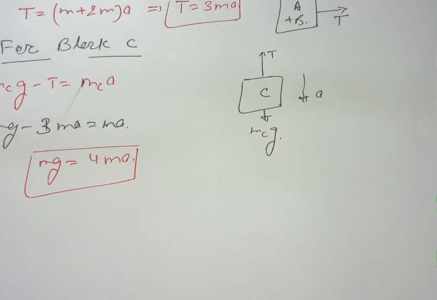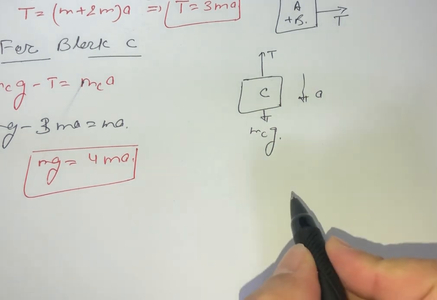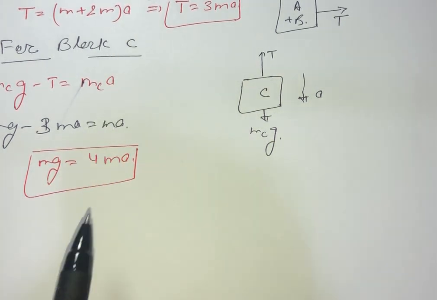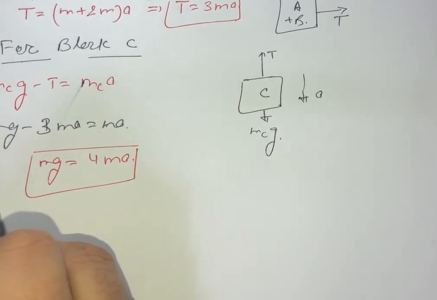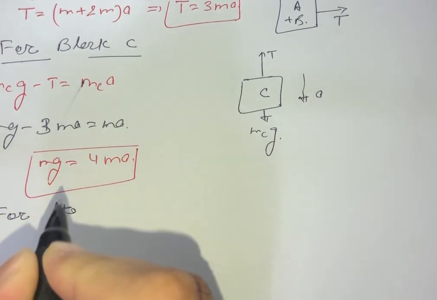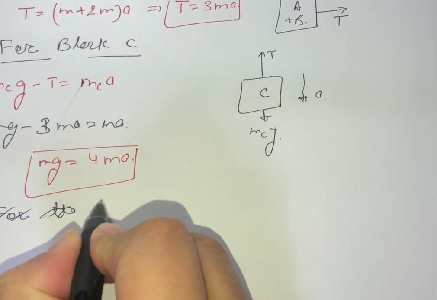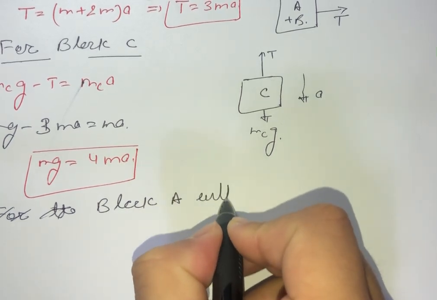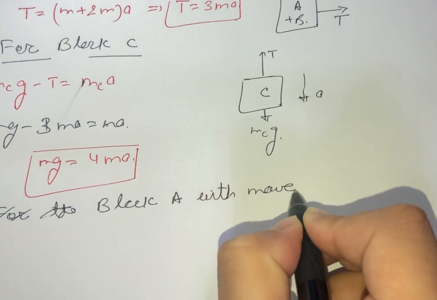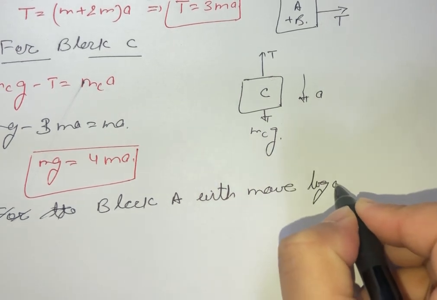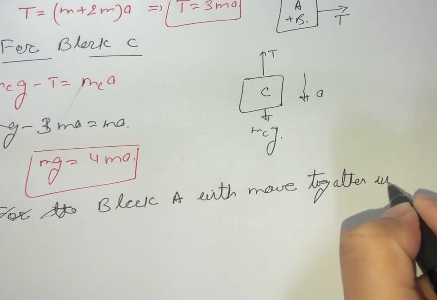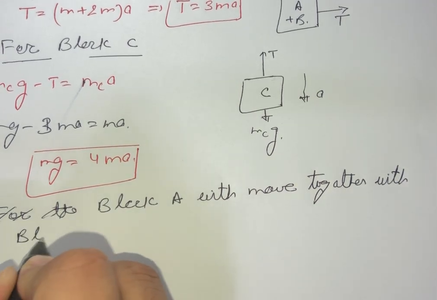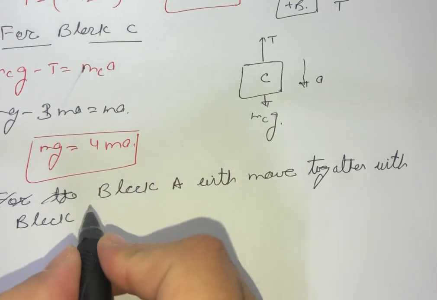Okay. Now let us talk about the blocks A and B. It is said that they will be moving together. Okay. So in other words, we can say block A will move together with block B because of the friction force.